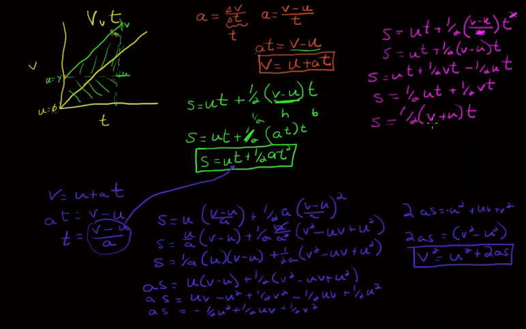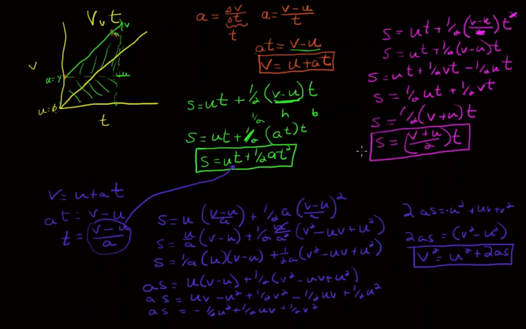And I can just put this into a very simple v plus u over 2 times t. That is your fourth kinematic equation.